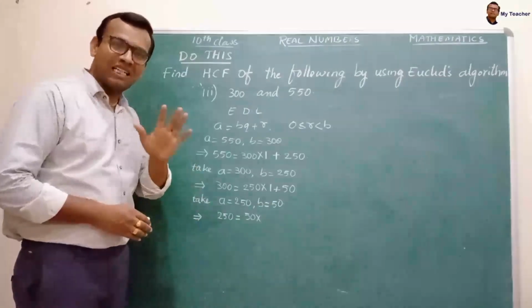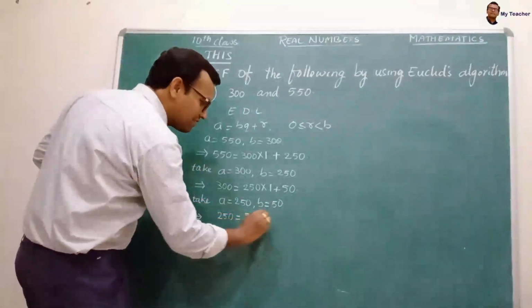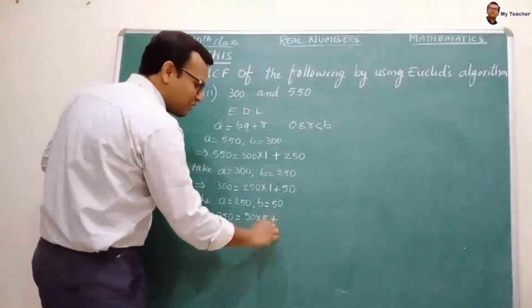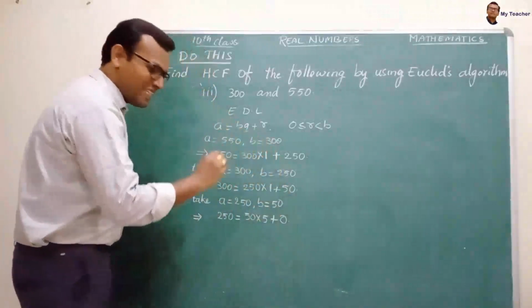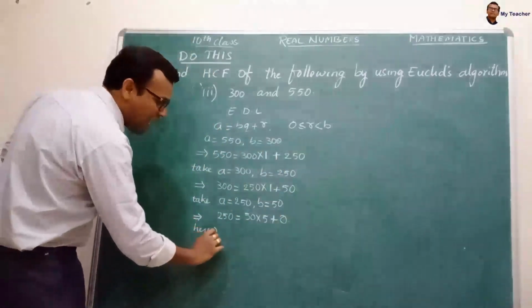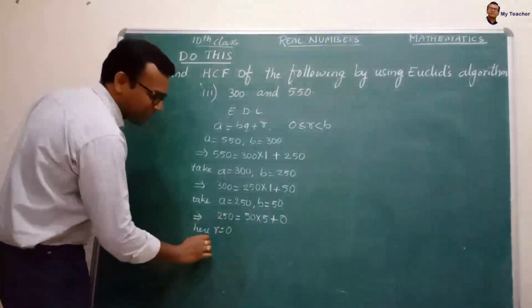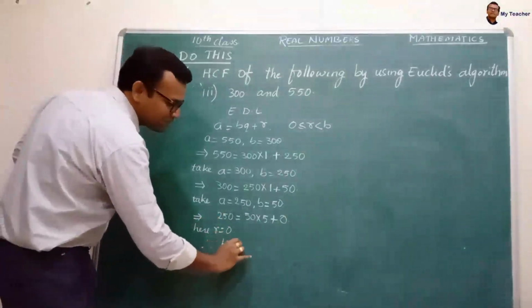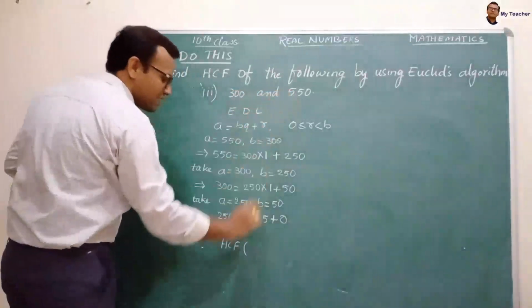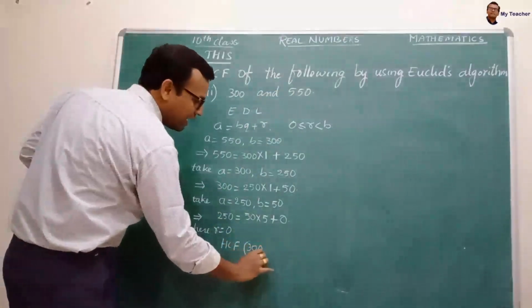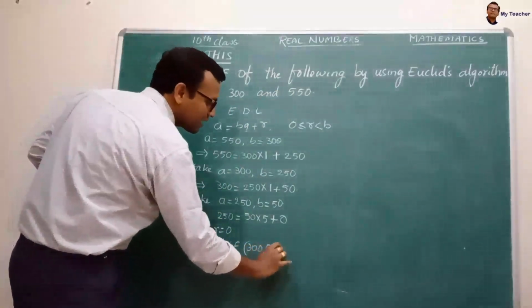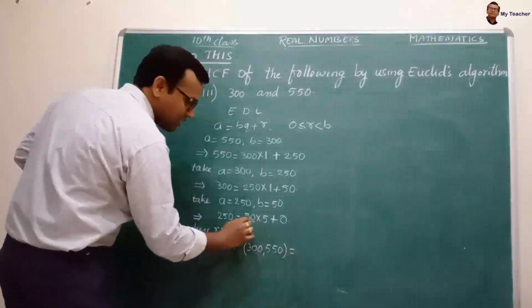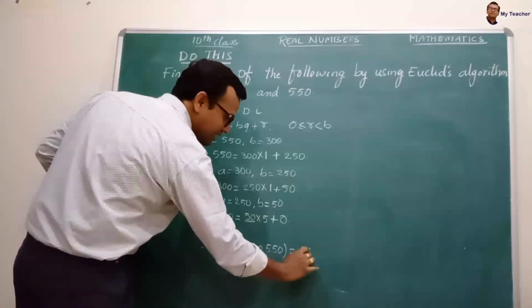Yes, 5. So 5 fives are 250. So we are getting remainder 0. Here R is equal to 0. Therefore, the HCF of the given numbers 300 and 550 is, what is the divisor here? 50.